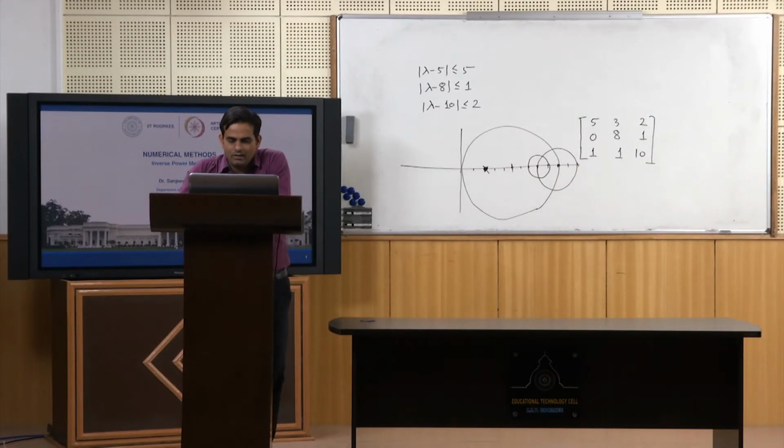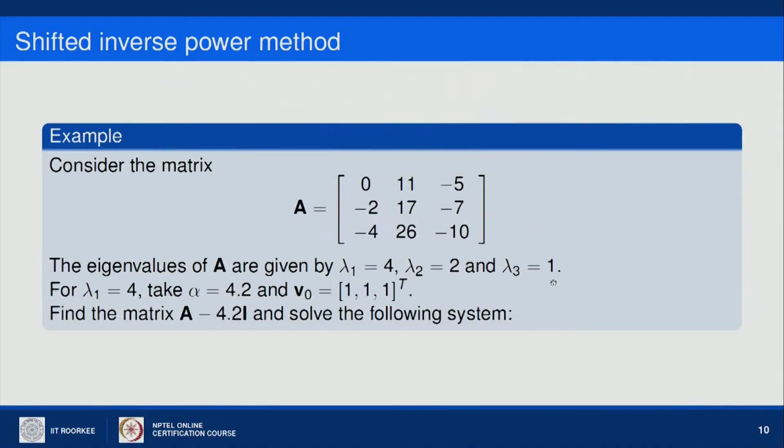The eigenvalues of this matrix are 4, 2, 1, the dominant eigenvalue is 4. Suppose I take alpha 4.2. So, if I take alpha 4.2, my shifted inverse power method will converge to eigenvalue 4 and the corresponding eigenvector.